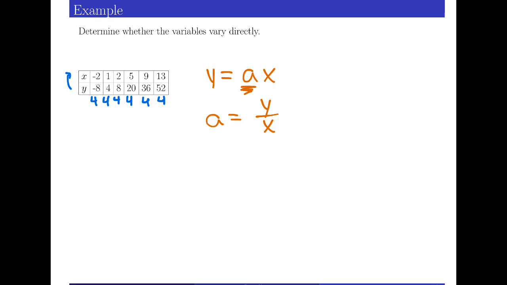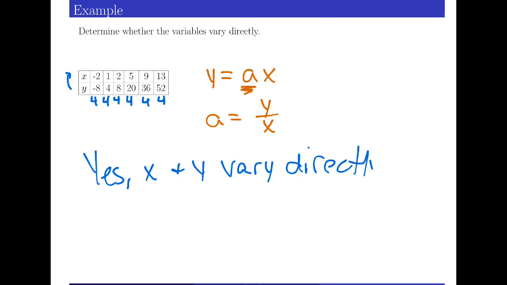So in all of these cases, x times that constant gets us to y. So it satisfies what should happen. So yes, x and y vary directly.